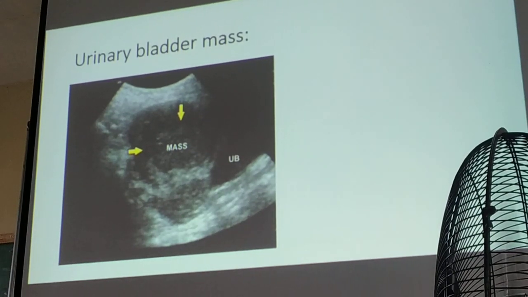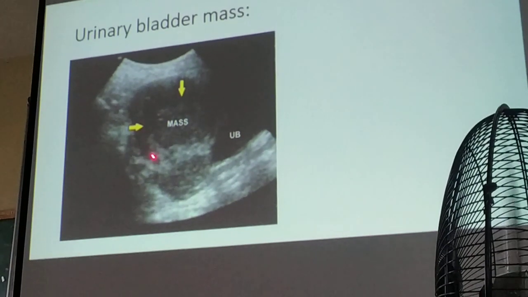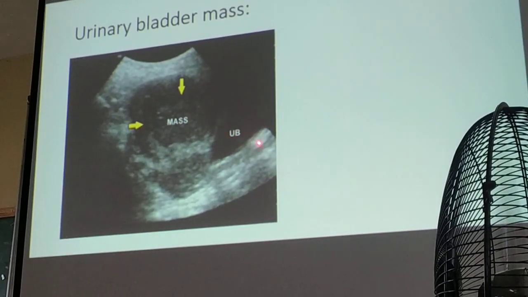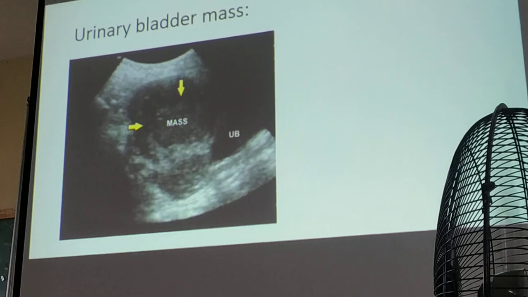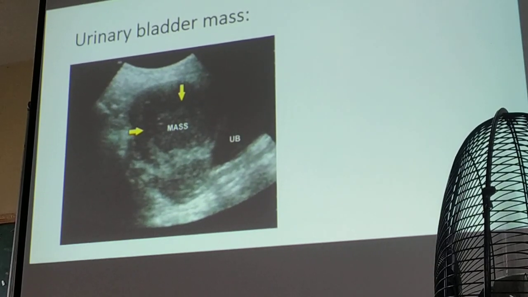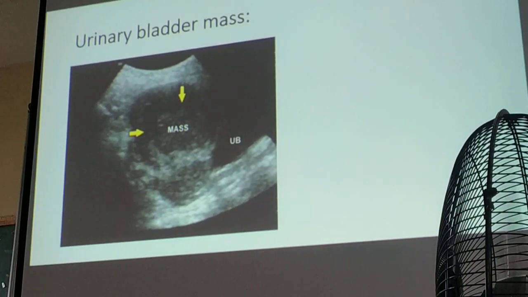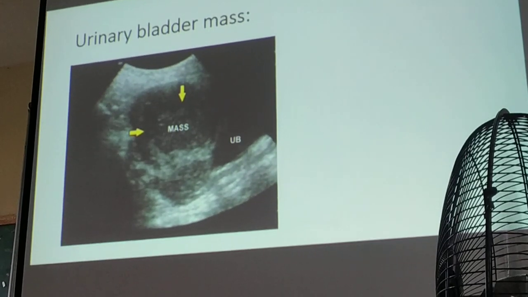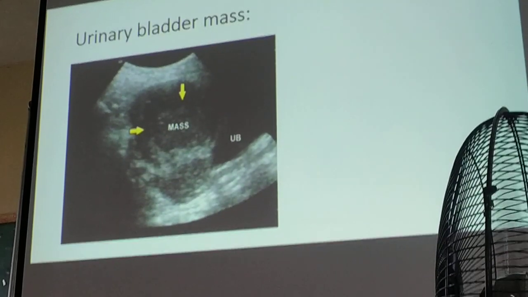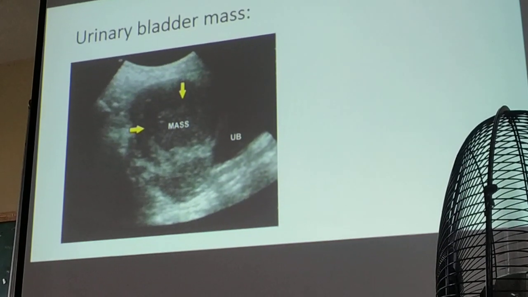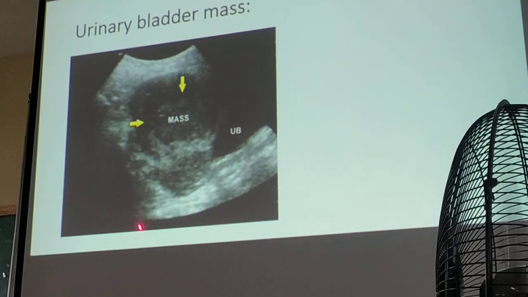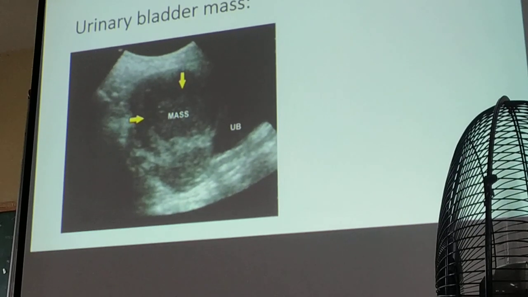And then this one, this is your urinary bladder mass. So, again, signs and symptoms, hematuria. Be it renal mass or urinary bladder mass, hematuria. More on urinary bladder mass. Okay?